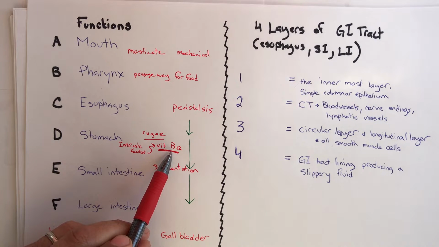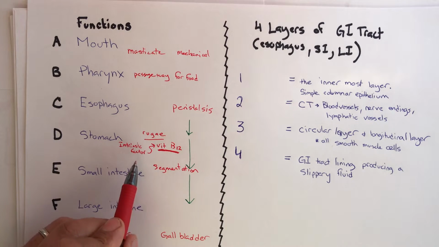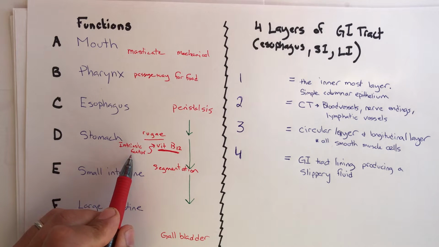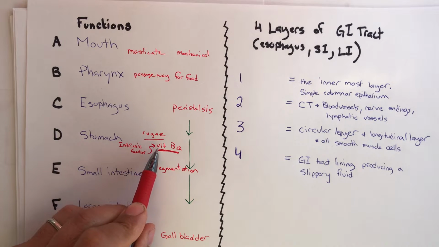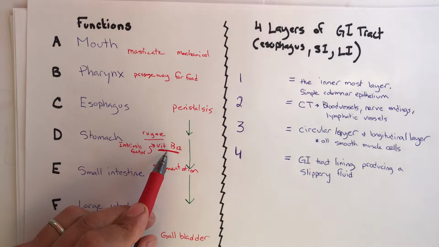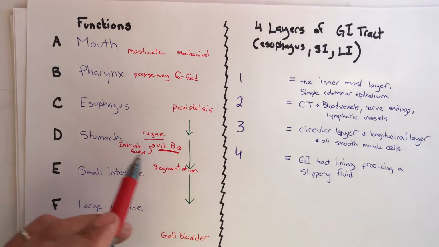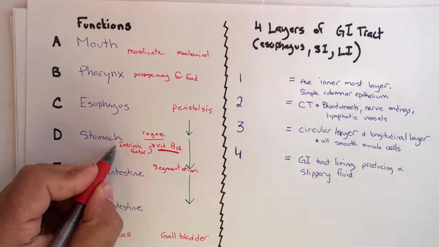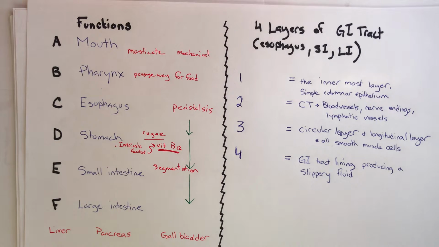It only exists in animals, and it's the stomach that makes this intrinsic factor, this protein, that, when we consume vitamin B12, actually helps us absorb it into the small intestine. So the stomach also makes this protein.